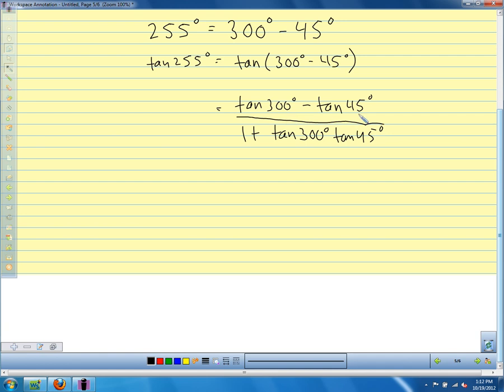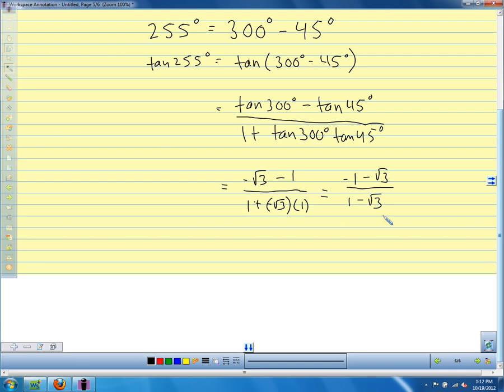Now we can look up the tangent of 300 and the tangent of 45. This is negative square root of 3 minus 1 over 1 plus negative square root of 3 times 1. So I'm going to rewrite this in a more standard form: minus 1 minus the square root of 3 over 1 minus the square root of 3.